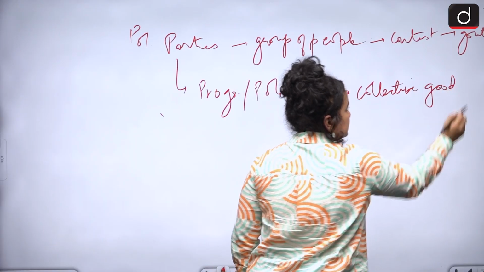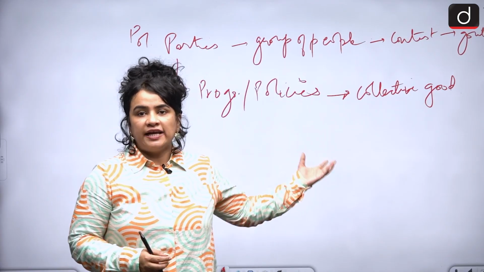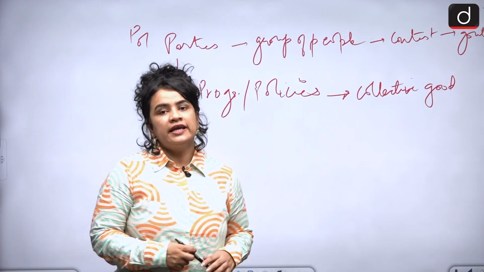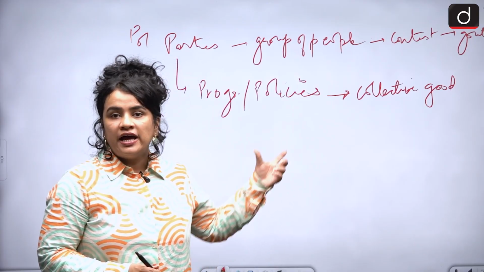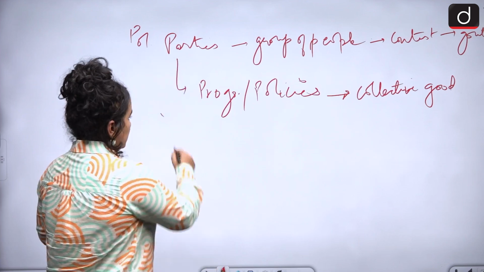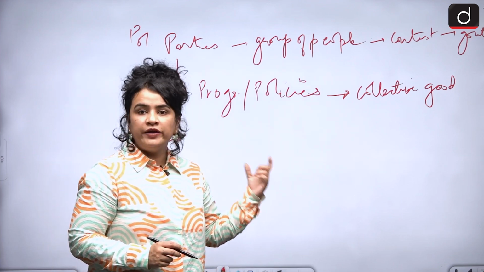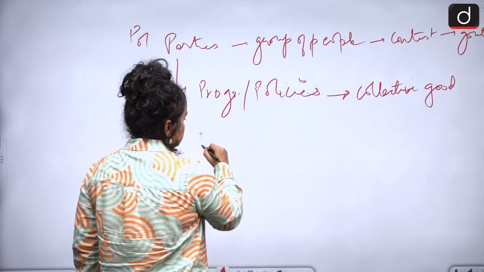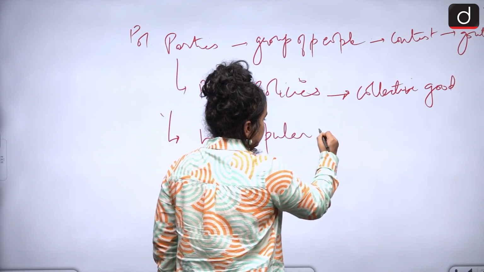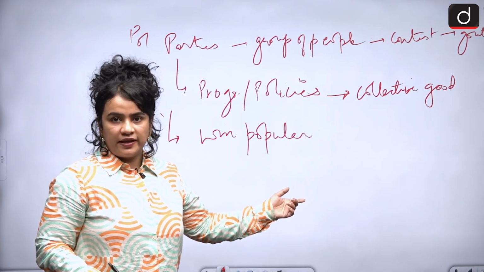So, of course, they want to benefit the society at large, and they feel that the policies and programs that they propose are desirable for the collective good. How do they do that? They try to win popular support. So, of course, they contest elections, and they try to win the elections as well.